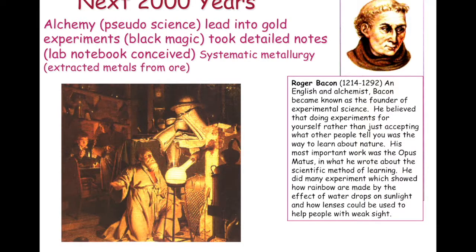A guy by the name of Roger Bacon, actually a clergyman, actually did experiments, and he was able to write down meticulous notes, and it was through experimental procedures and documentation that he discovered many things, that rainbows, for example, were based on water droplets, the sun reflecting off the water droplets.